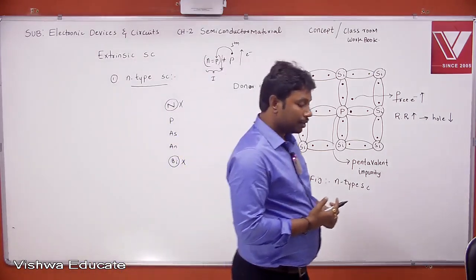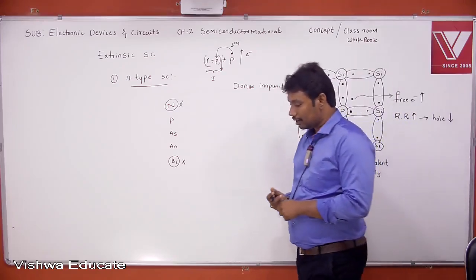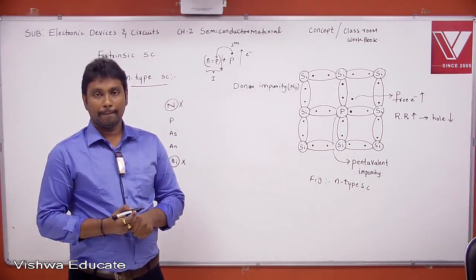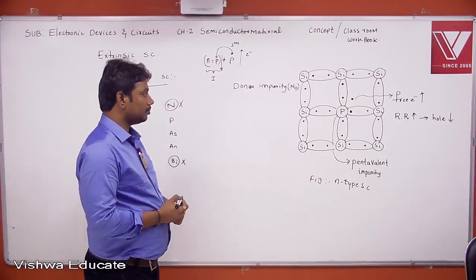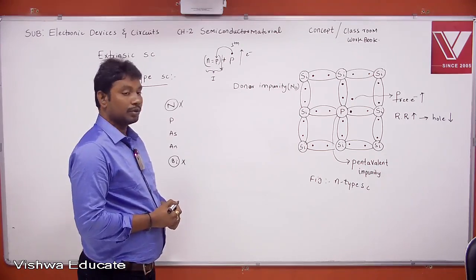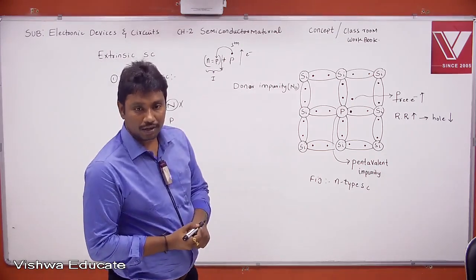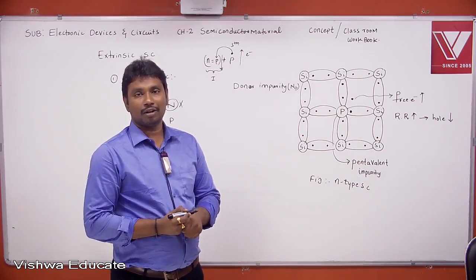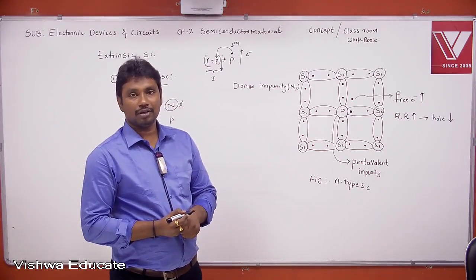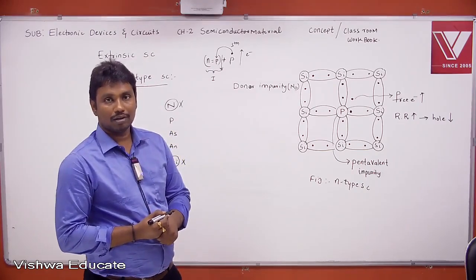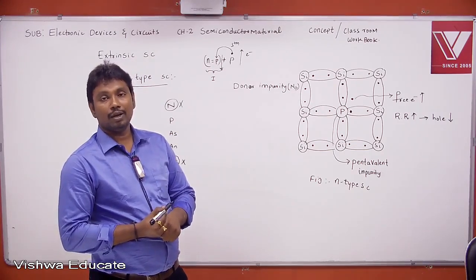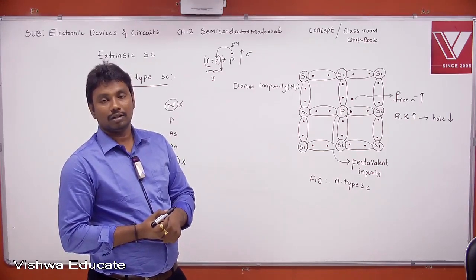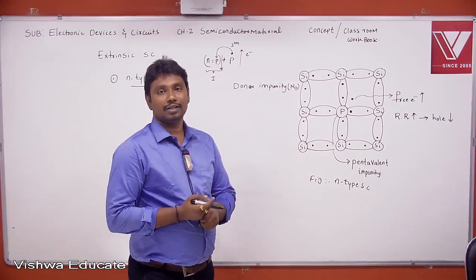The added pentavalent impurity can replace the semiconductor atom, due to which 4 valence electrons are involved in covalent bond formation, and the 5th valence electron does not involve in any covalent bond formation. Due to which free electron concentration increases.